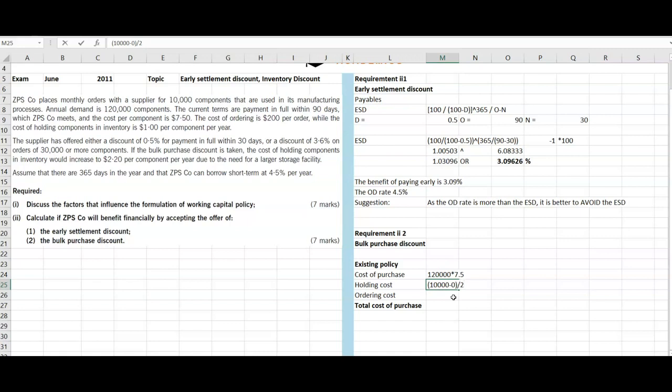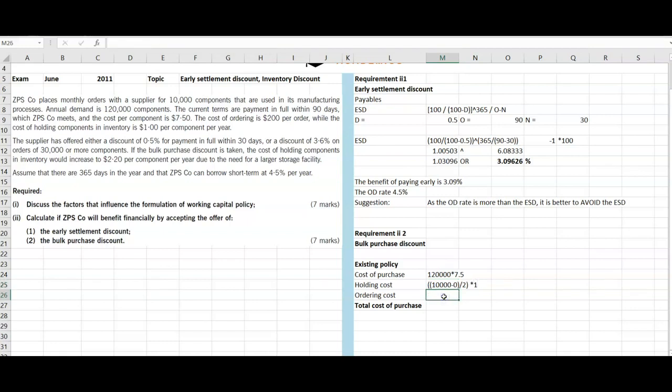But on average we hold around 5,000. So that's what this formula tells you. So on average we hold 5,000 units. So we will again have another bracket: 5,000 units, multiplied by the holding cost per unit. What is the holding cost per unit? Here it is $1 per unit.